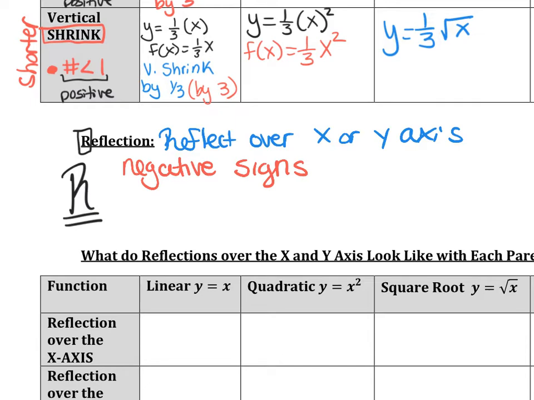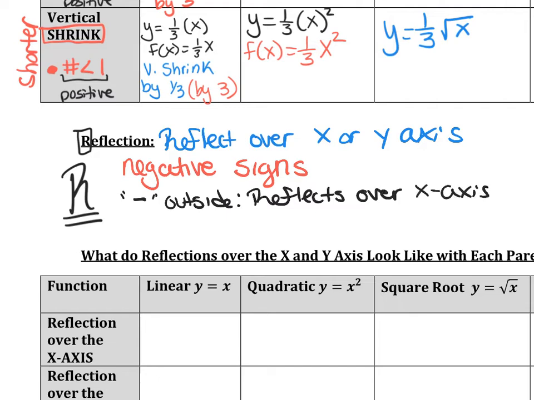So if we have a negative outside of the parentheses, that reflects over the x-axis. And if we have a negative inside the parentheses, that reflects over the y.